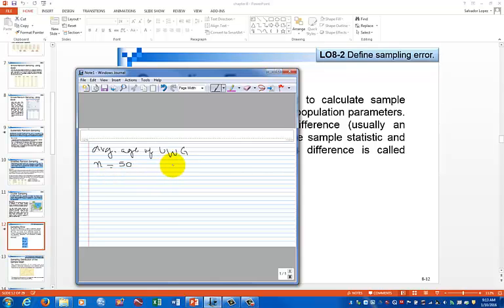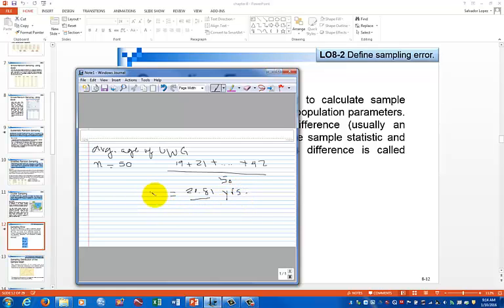And so you take value number 1, maybe somebody is 19, another 21, etc., until you reach the last person, and you divide by 50. And you will obtain, let's say, a value of 20.81. So that will be in years, of course.